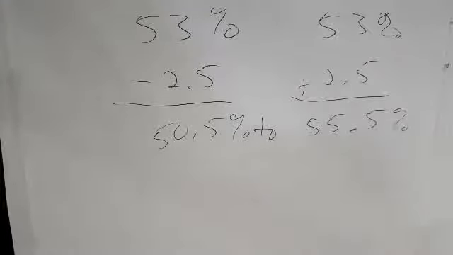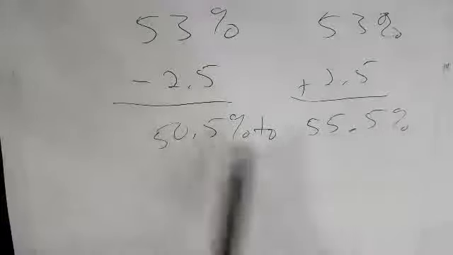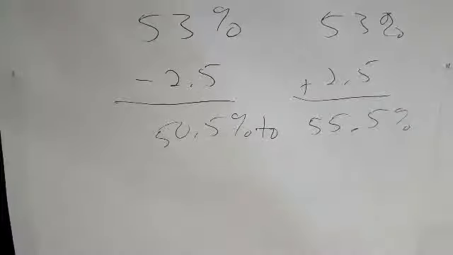What does it mean to win a majority of the votes? 50%. Over 50%. You've got to be over 50%. Can we guarantee that she will be over 50%? Yes, this is over 50%. 50.5 to 55.5. Any number we select in there will be over 50%.